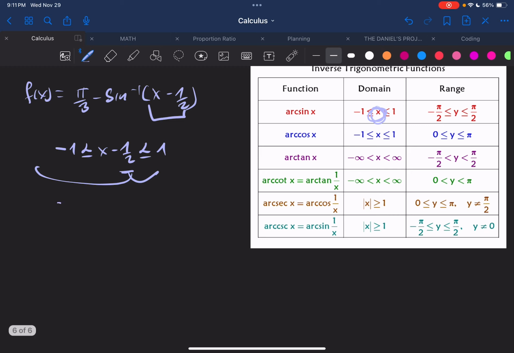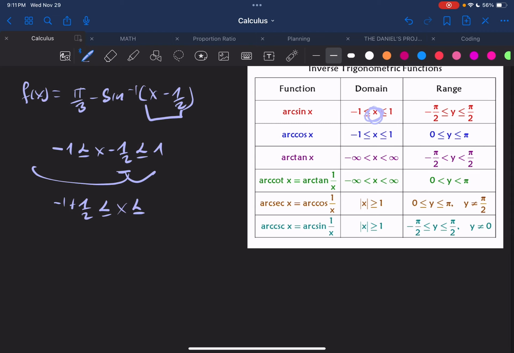So -1 plus 1/2 is less than or equal to x, which is less than or equal to 1 plus 1/2. That gives me -1/2 is less than or equal to x, which is less than or equal to 3 over 2. So this is my domain for this function.